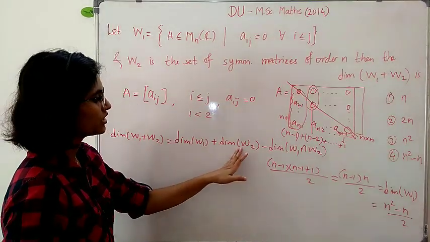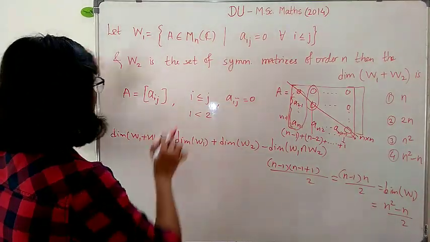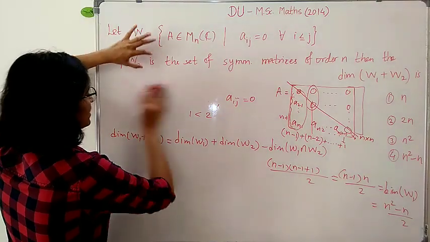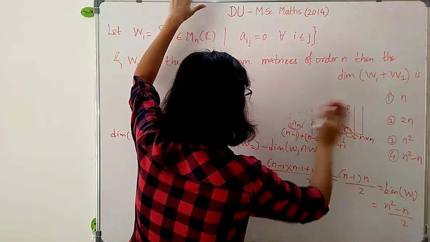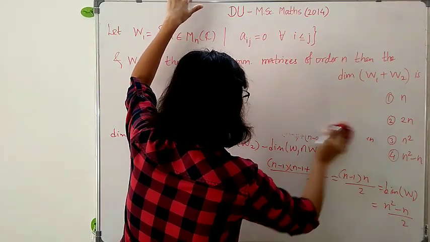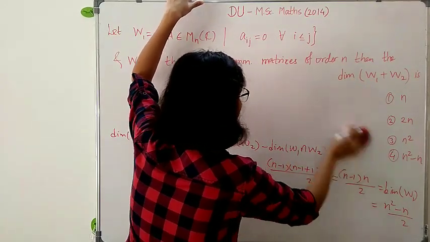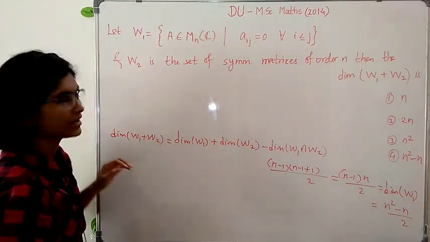Now find out the dimension of W2. For W2, this space, we have symmetric matrices. So what is the condition for symmetric matrices? We have Aij is equal to Aji for all i, j, right?